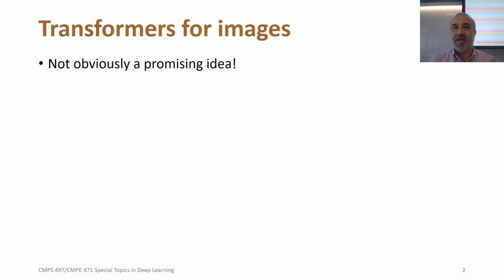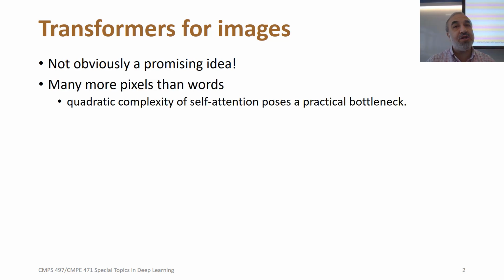The idea is that we can, in principle, process images as if they are text. If they are represented by embeddings, then we can process images as text. It looks like a nice idea in the beginning, but it is not obviously a promising idea for two reasons. First, images are much larger than text, especially if we talk about pixels.